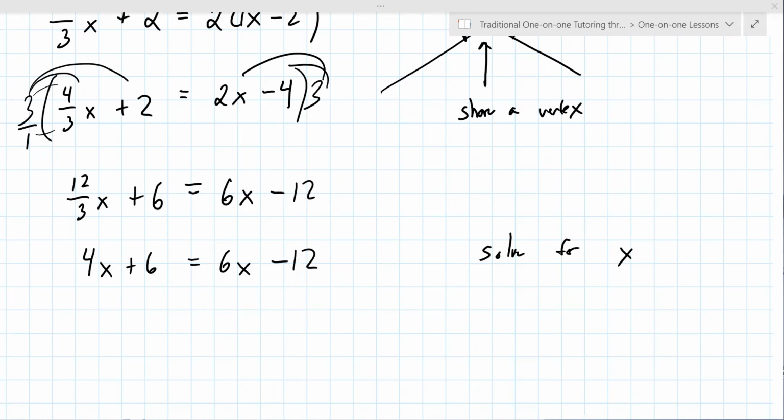First of all, you have to subtract 4x from both sides, because it's positive.